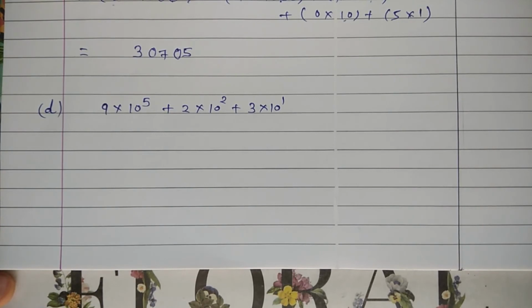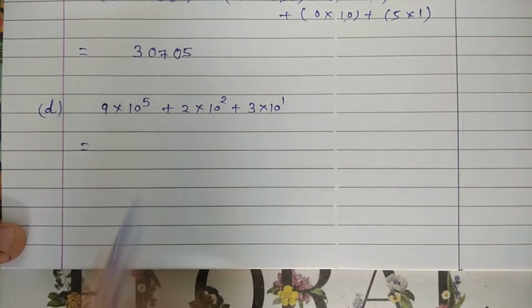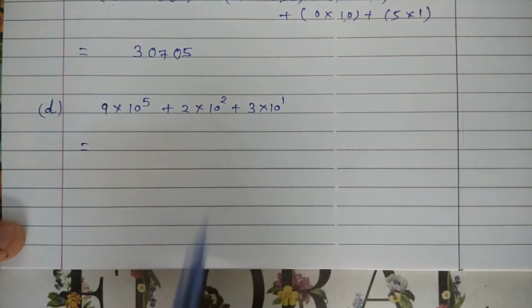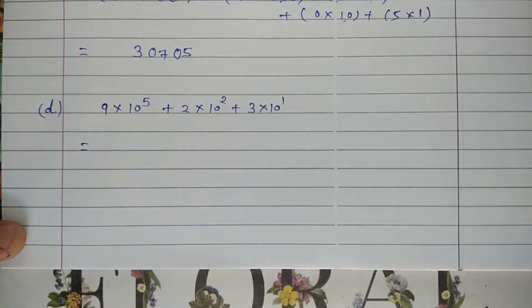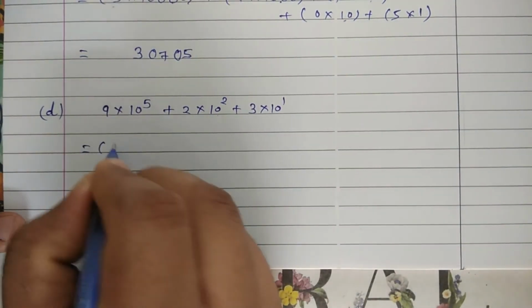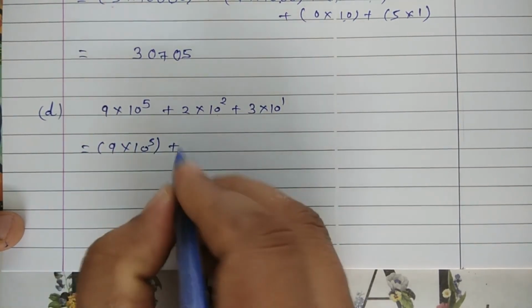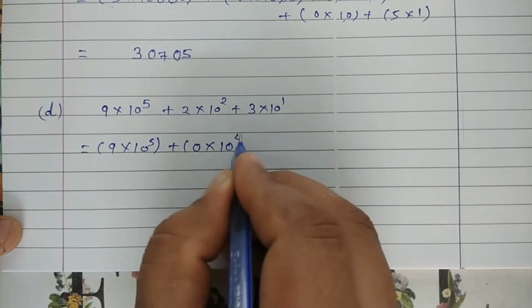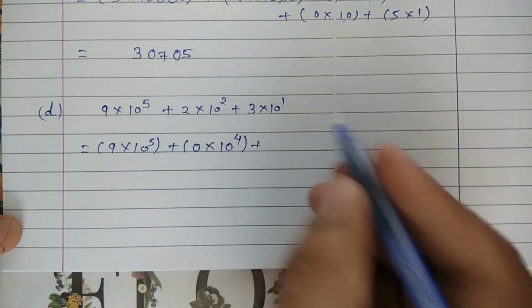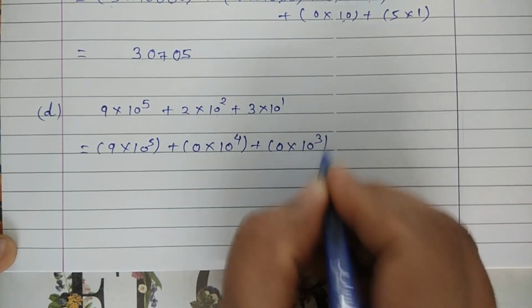Sum number D, last sum of question number 2. 9 multiplied by 10 raised to the power of 5 plus 2 multiplied by 10 raised to the power of 2 plus 3 multiplied by 10 raised to the power of 1. So first of all we will write terms properly, that is 9 multiplied by 10 raised to the power of 5 plus 10 raised to the power of 4 term is not there, so we can write it as 0 multiplied by 10 raised to the power of 4 plus 10 raised to the power of 3 term is also not there, so we will write it as 0 multiplied by 10 raised to the power of 3.